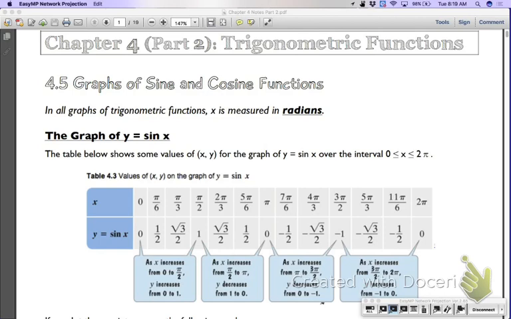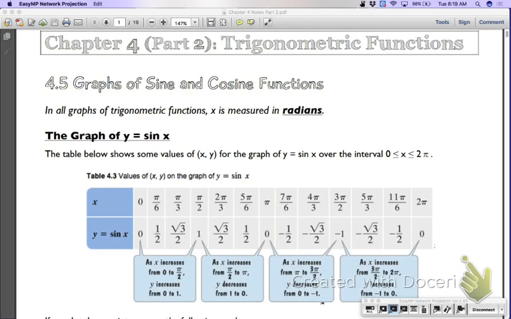Just like the hand trick for sine, remember your x value would be whatever spot on your hand it is, and your y value of sine is whatever's on the bottom side.